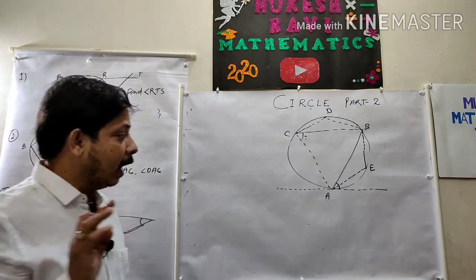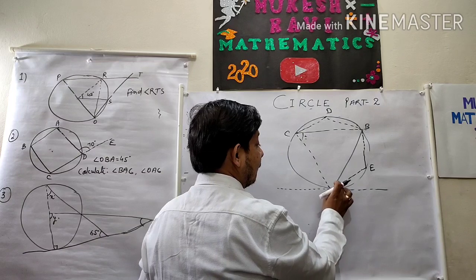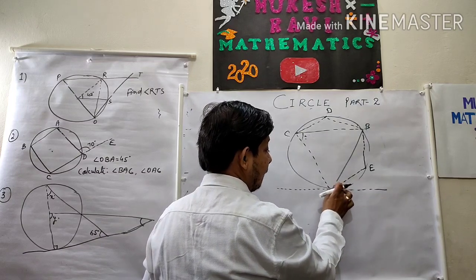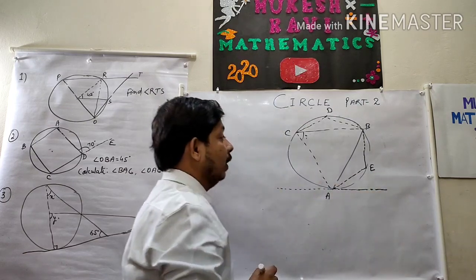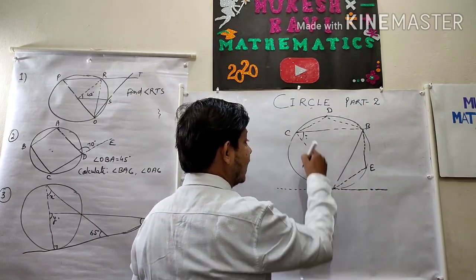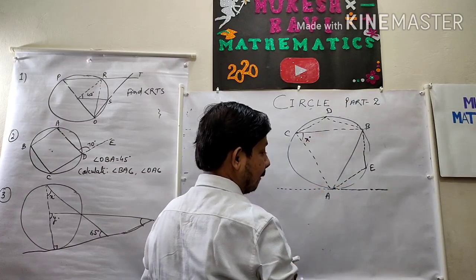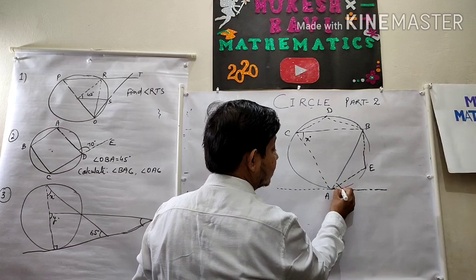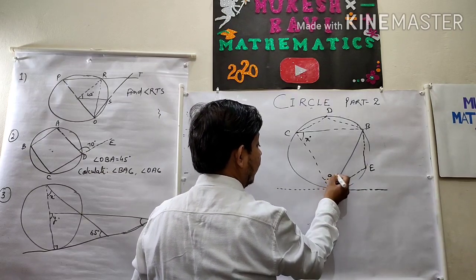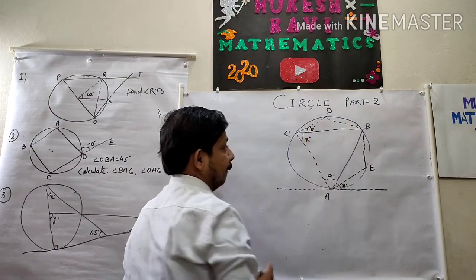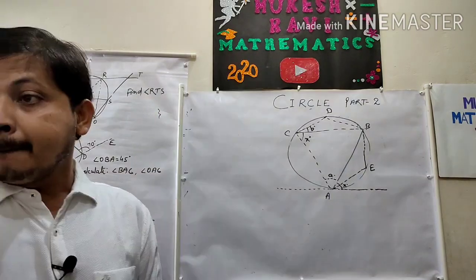Fine. And now what happened here? Suppose this angle is X, this angle is X, this is A and this is B. Okay, X plus A and X plus B.